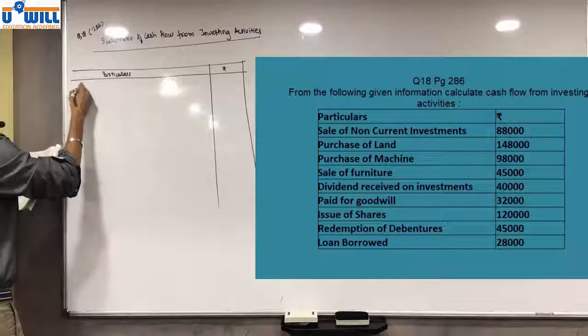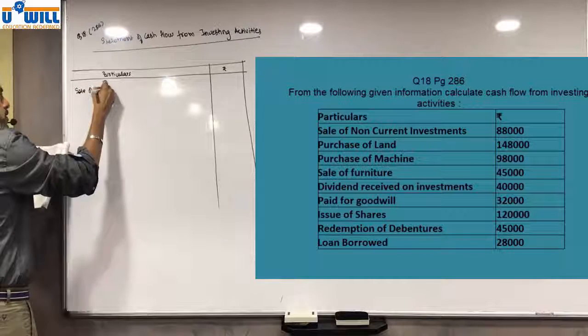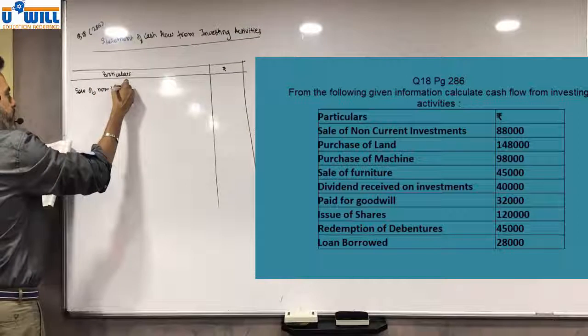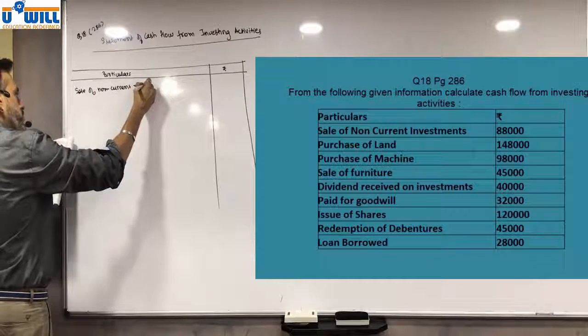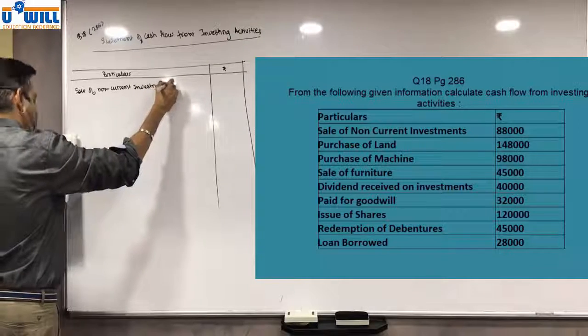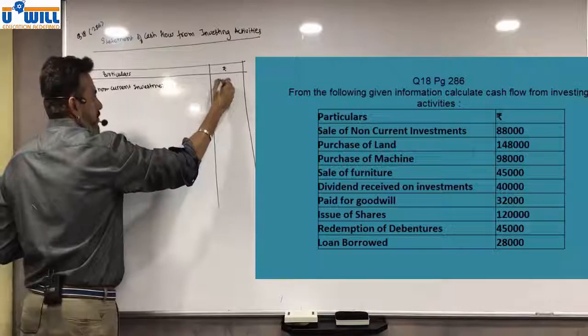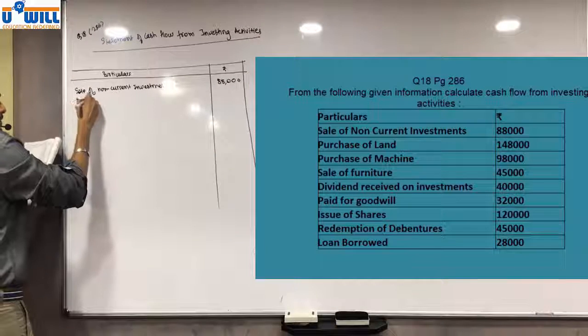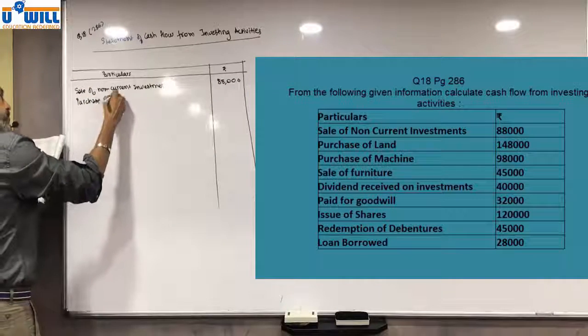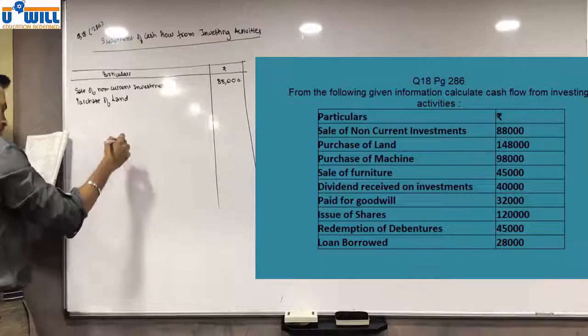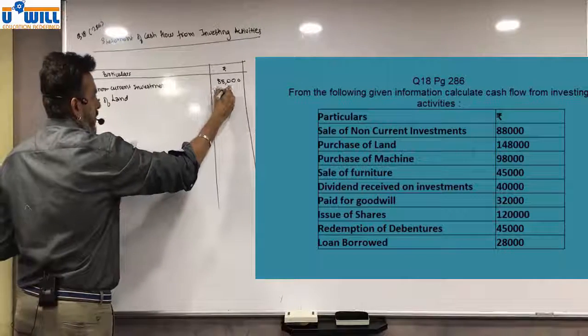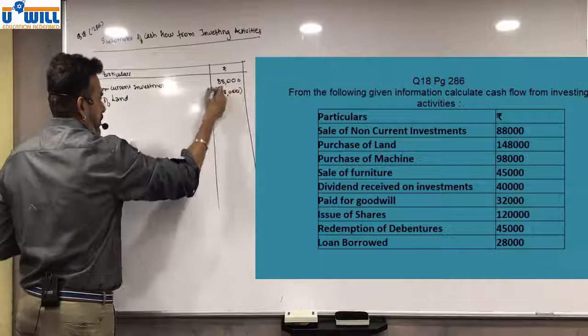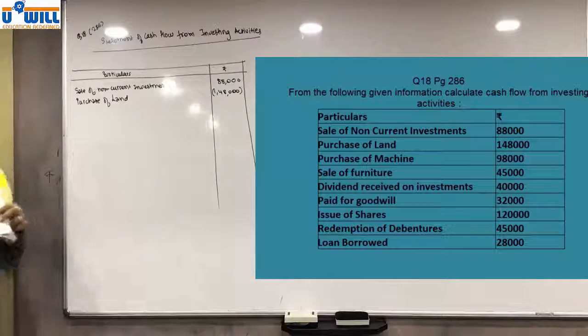First, sale of non-current investment, $88,000. Purchase of land, $1,48,000. Positive or negative? Negative. So we write in brackets.